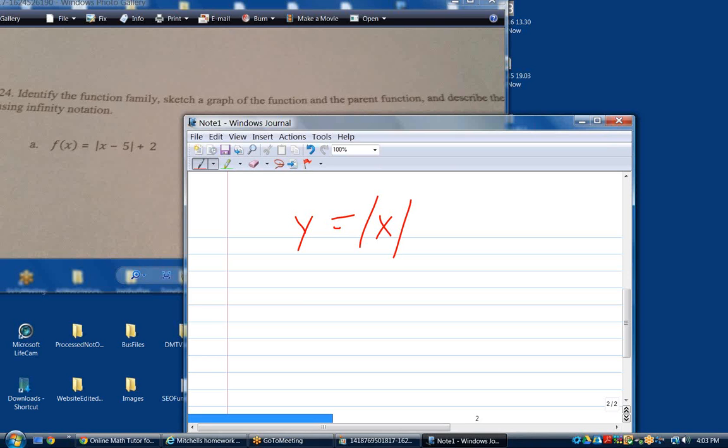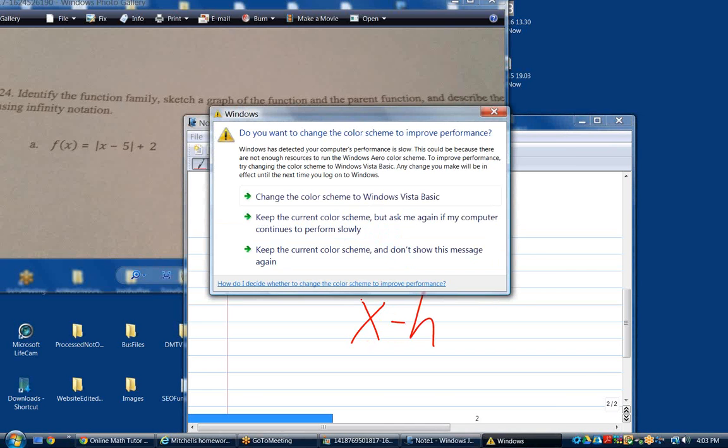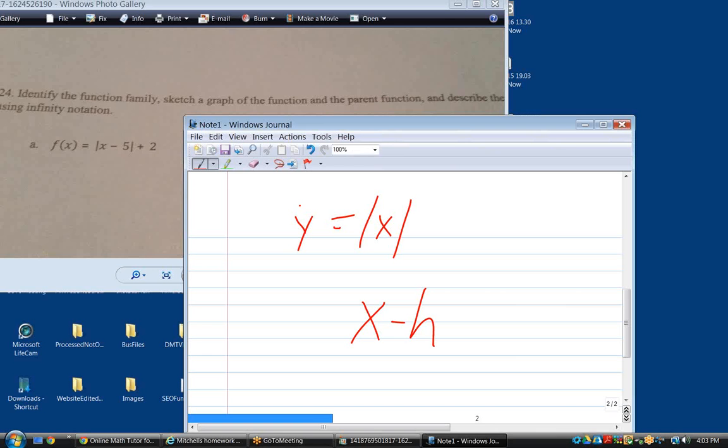Is it moved to the right? Yes, 5. In other words, it's always x minus h. No matter whether you're talking conic sections, vertex format for a quadratic, or translations, it's always x minus h. So h here would be a positive 5.